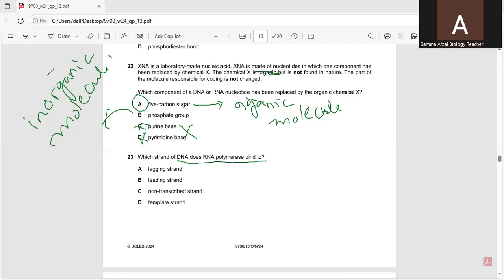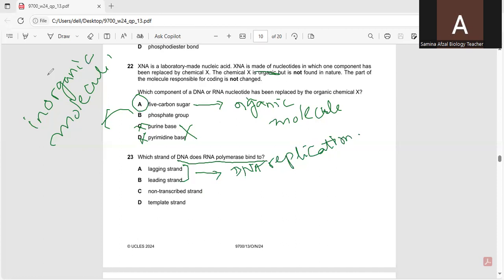So lagging and leading strands are terms used in DNA replication, not in transcription.